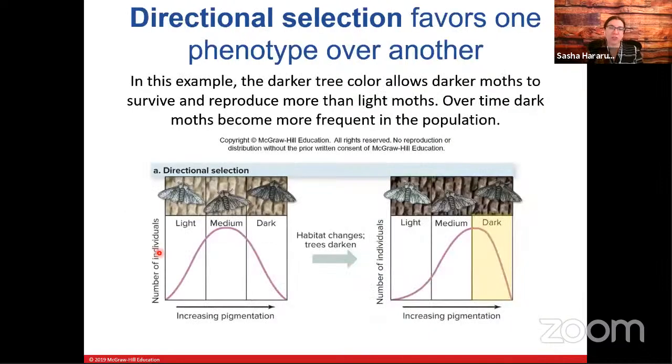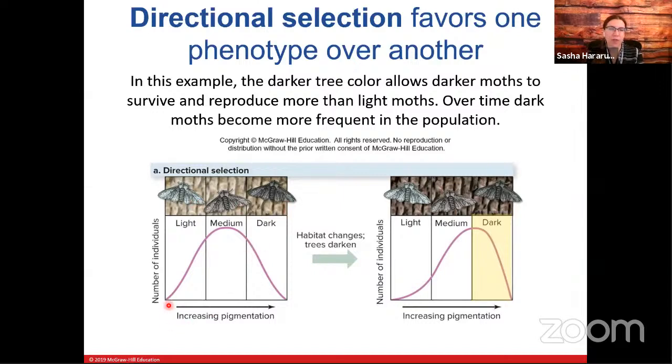Within directional selection, the phenotype moves, well, literally in some sort of direction. So the example here deals with the changes of color of moths. Let's say in some forest where the trees have lighter colored bark, we will see a certain distribution in the colors of the moths.